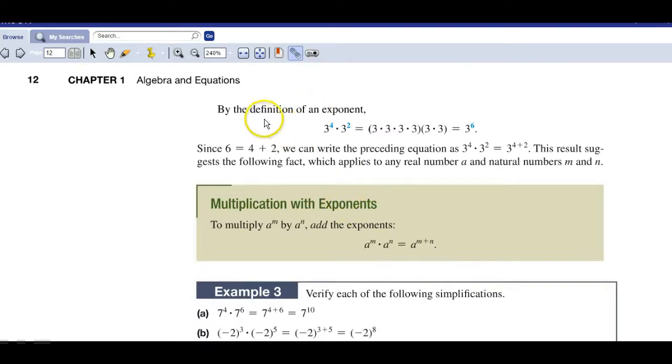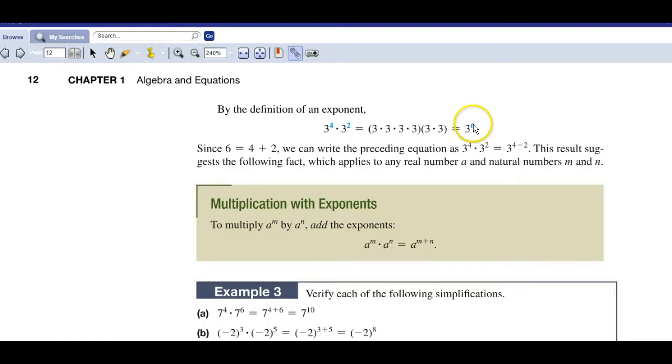Now, as we continue looking at the rules, suppose you run into something like this. 3 to the 4th power times 3 to the 2nd power. Notice your bases are the same. So what does that mean? Well, there are 4 3s and 2 3s. And if you add them all up, you get 3 to the 6th power.